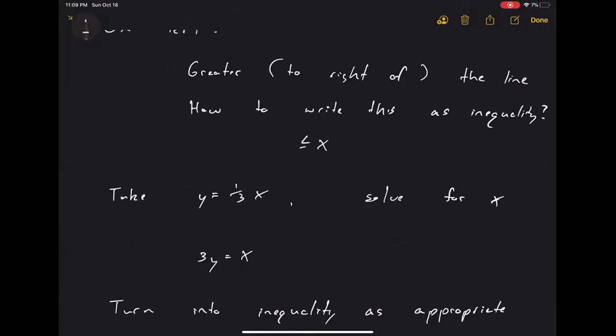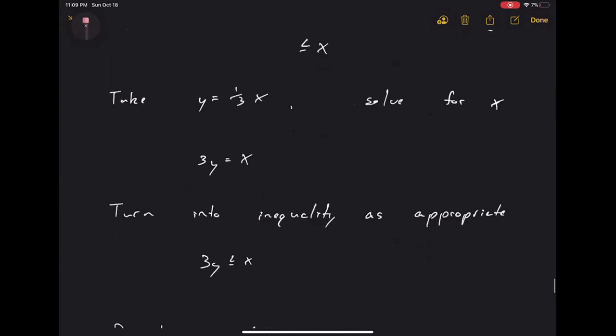So that line we could rewrite as 3y equals x. And I'm saying all the x coordinates of my points in my shaded region are greater than or equal to that line. So I'm just going to turn this into an inequality: x is greater than or equal to 3y.